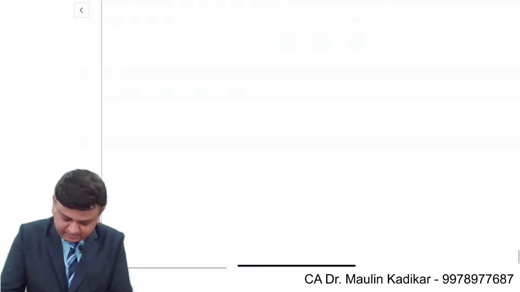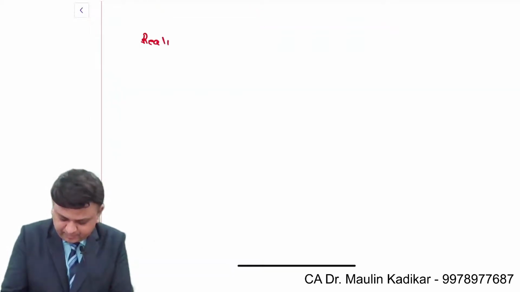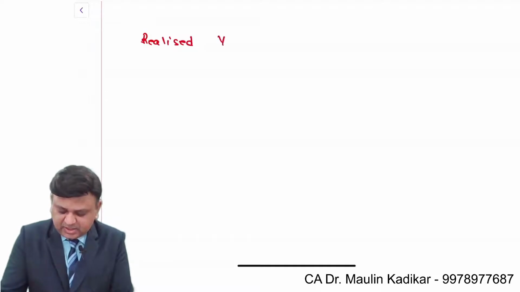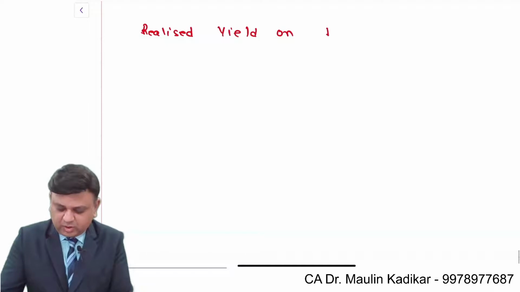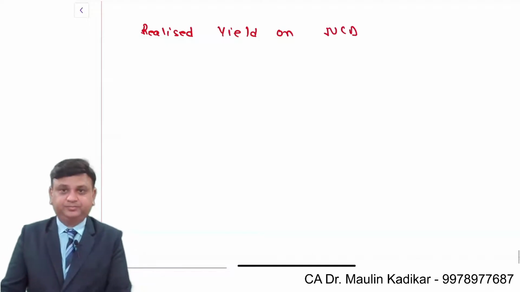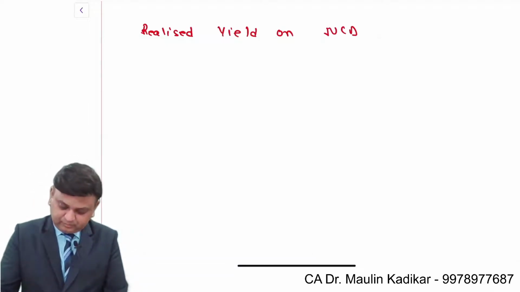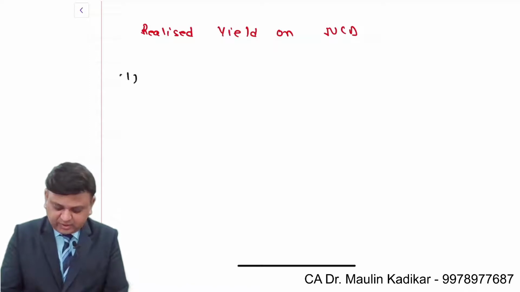Heading: Realized yield on non-convertible debenture. In that, write down first point.